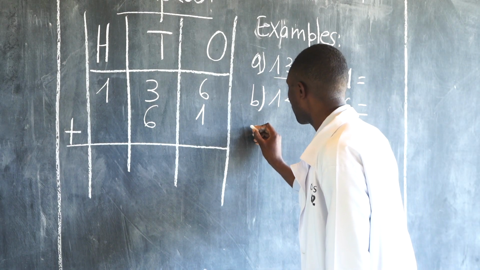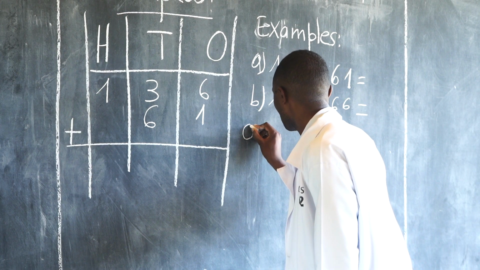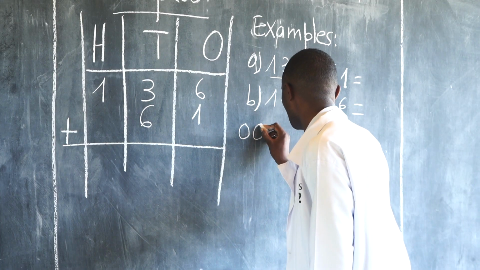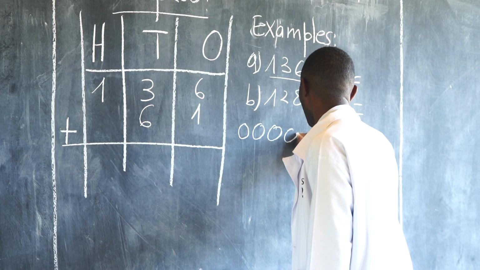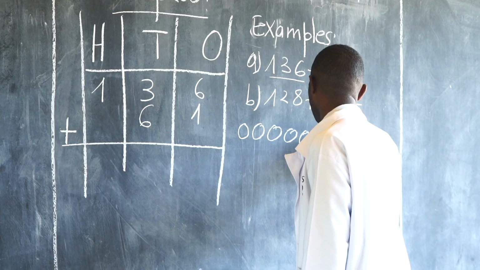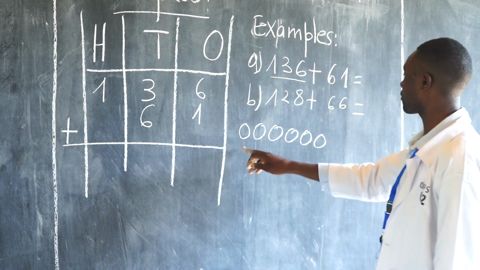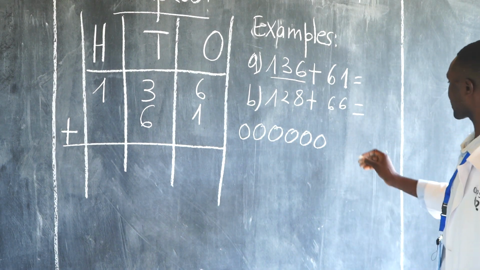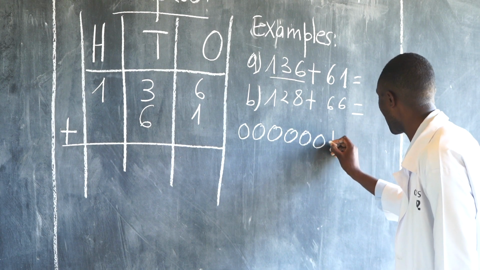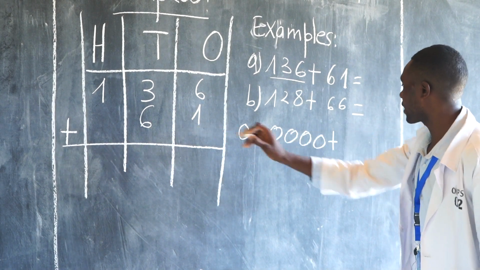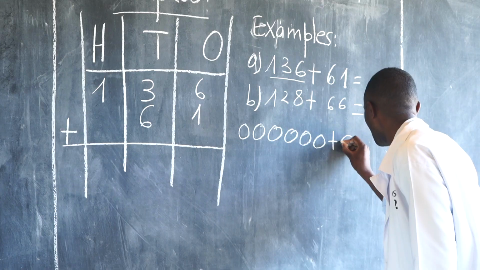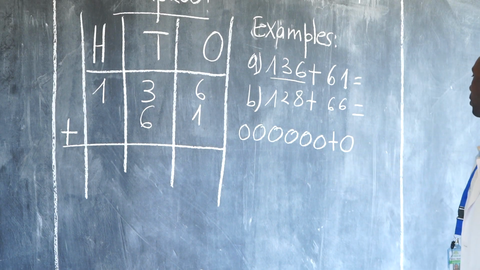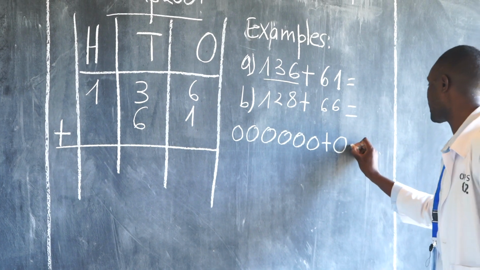Here we have 6. Now we are going to write them 1, 2, 3, 4, 5, 6. Now we have 6 zeros there. After 6, we have to add only 1 zero. That means we are going to put here another one in order to get the answer.